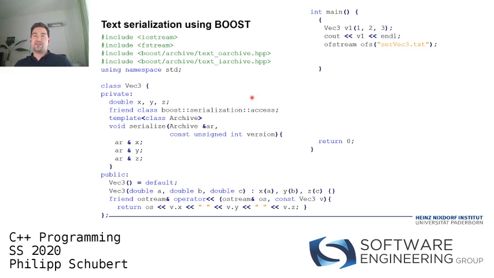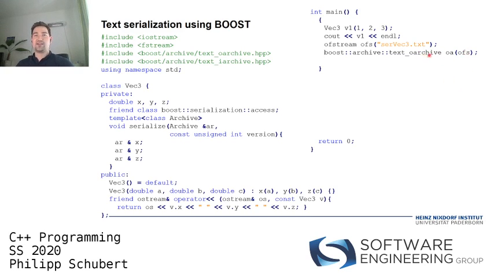We can then create an output file stream, so we can write the data to a file. And what we do is we now create a text output archive, OA, which receives a file handle, basically. So we create an output archive, and we give it the file handle where it should store stuff.